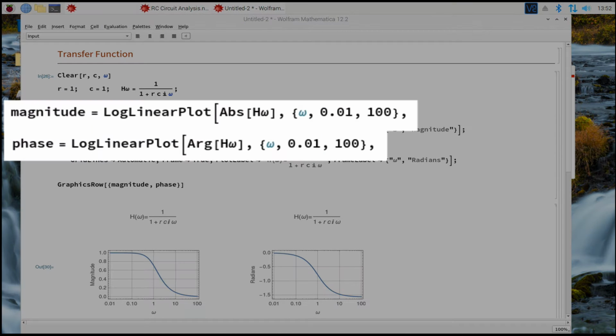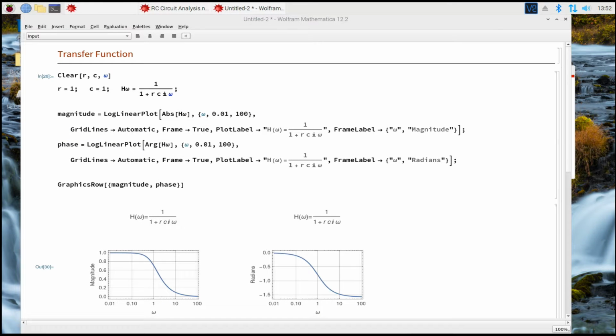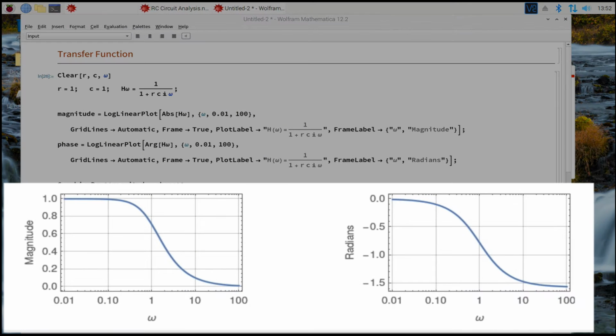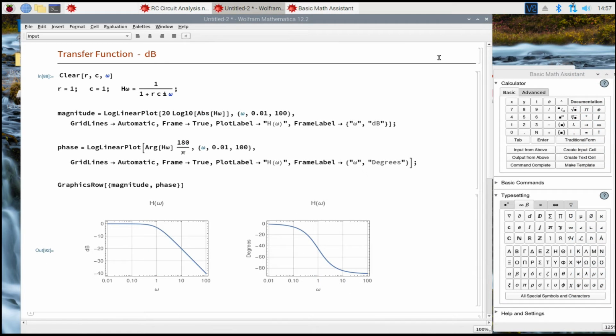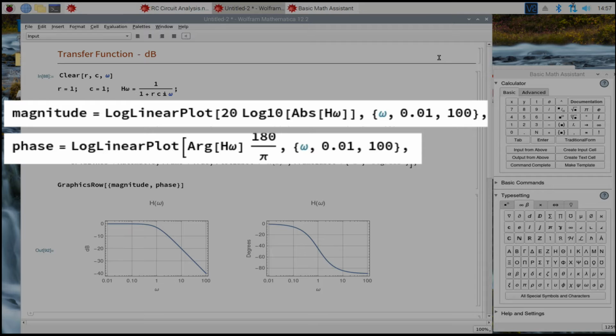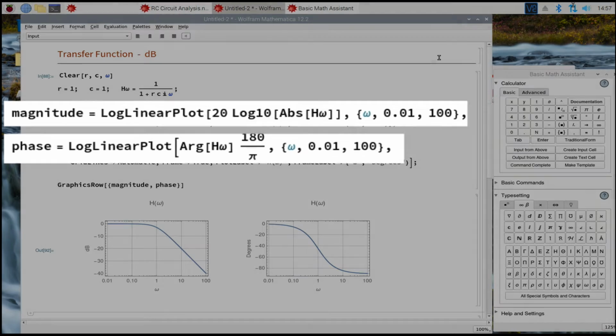The magnitude phase plots are more meaningful when plotted on a logarithmic frequency scale. Engineers prefer to plot the magnitude in dB and the phase in degrees.